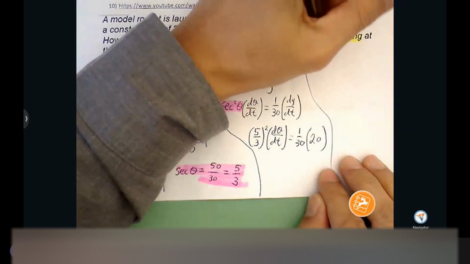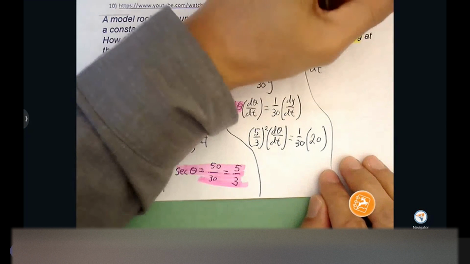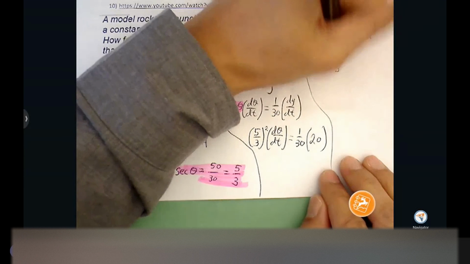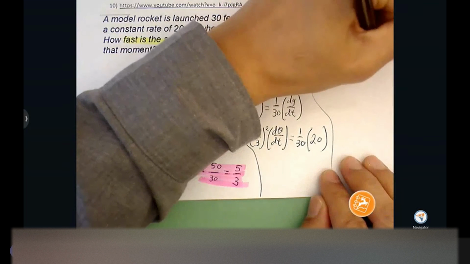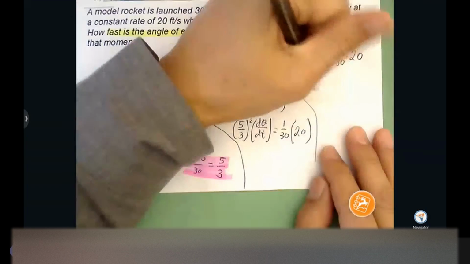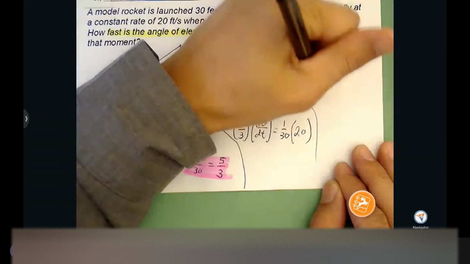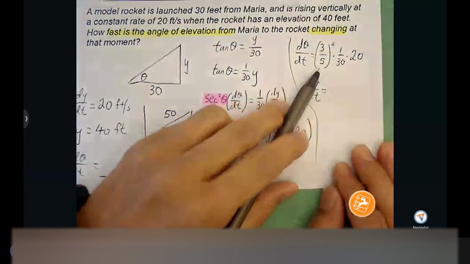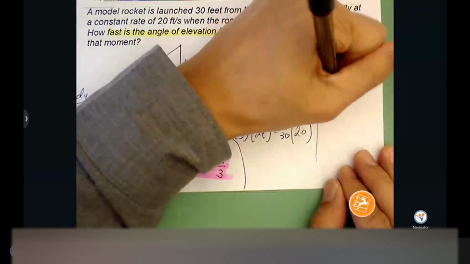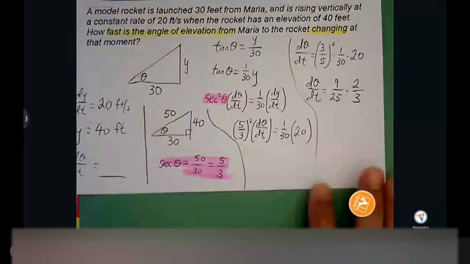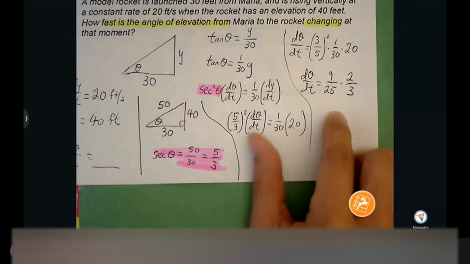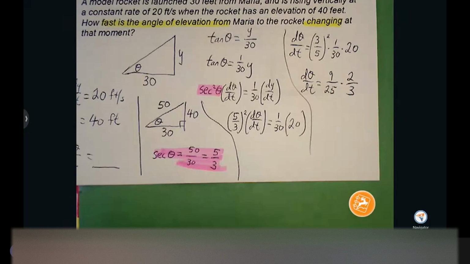So this becomes 9/25 times thirds. Use your calculator, or you can just work this out by hand. I get 6 over 25.